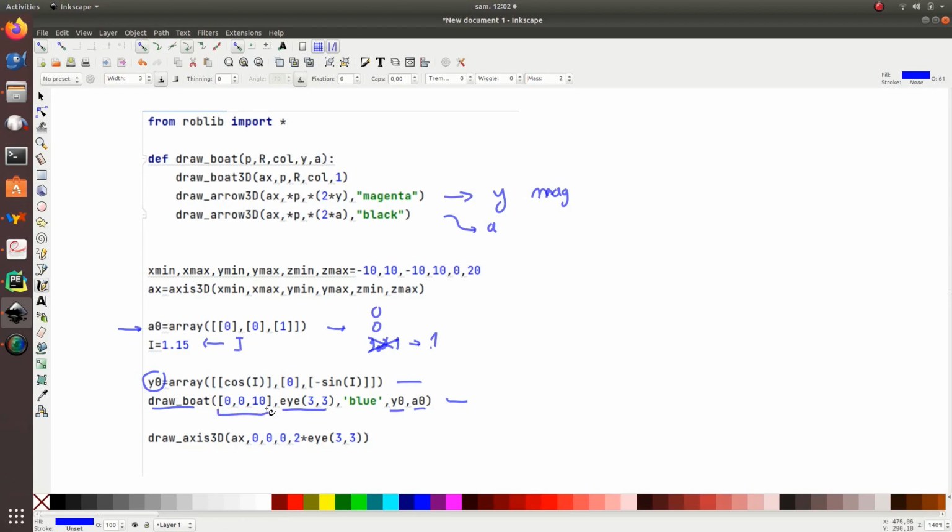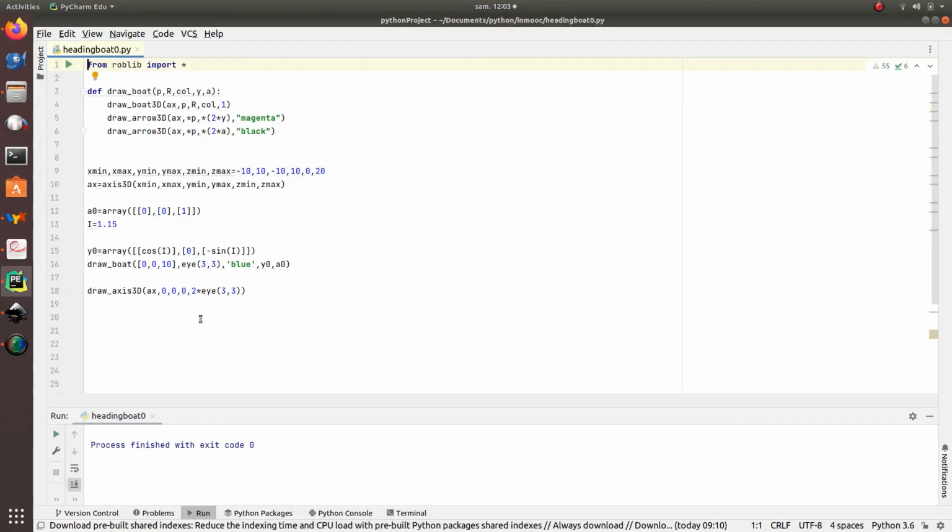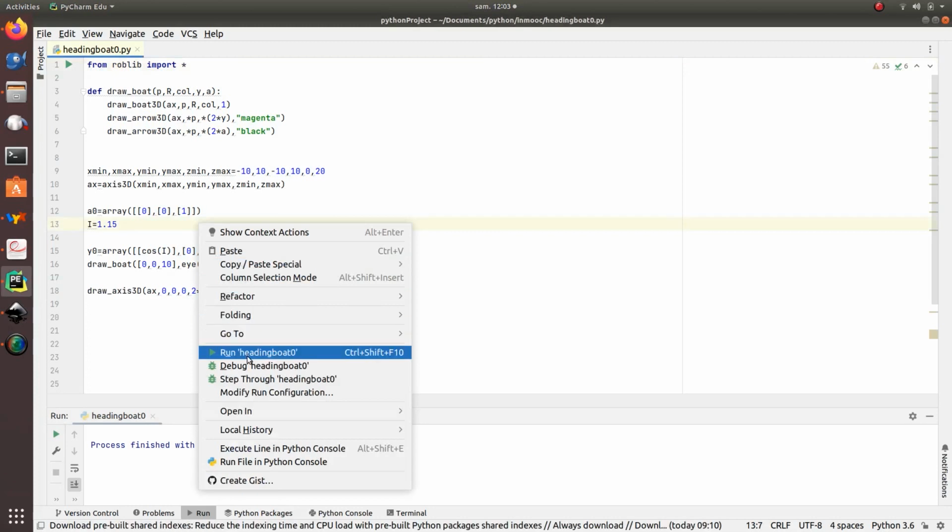Here it is the position of the boat. So we put here 10 instead of 0 just to avoid the superposition between the axes we measure at 0, 0, 0, so we draw at 0, 0, 0, and the boat itself. The program is given here. I will run it.